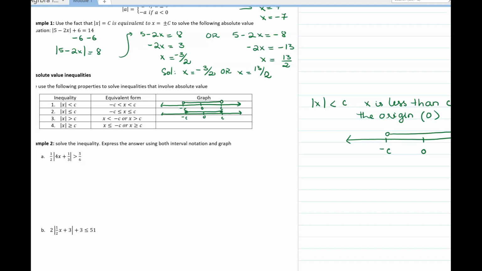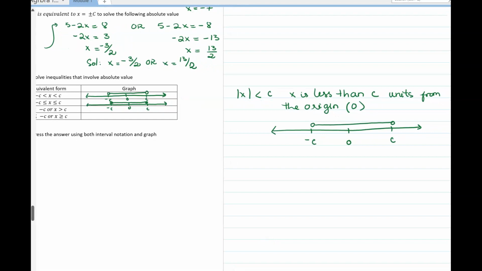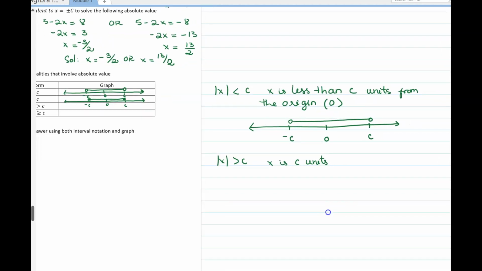Okay. In the next case, we look at the absolute value of x is greater than c. So let's back up. The absolute value of x is greater than c. This means x is greater than c units from the origin.